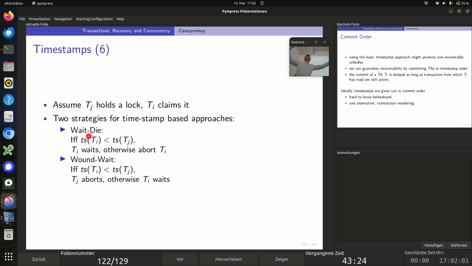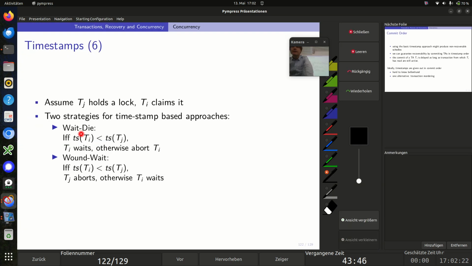If an older transaction wants to acquire a lock on a resource that is held by a younger one, the older one says, okay, I wait. And the other way around, when a younger one wants to acquire a lock held by the older one, the younger one says, I die.